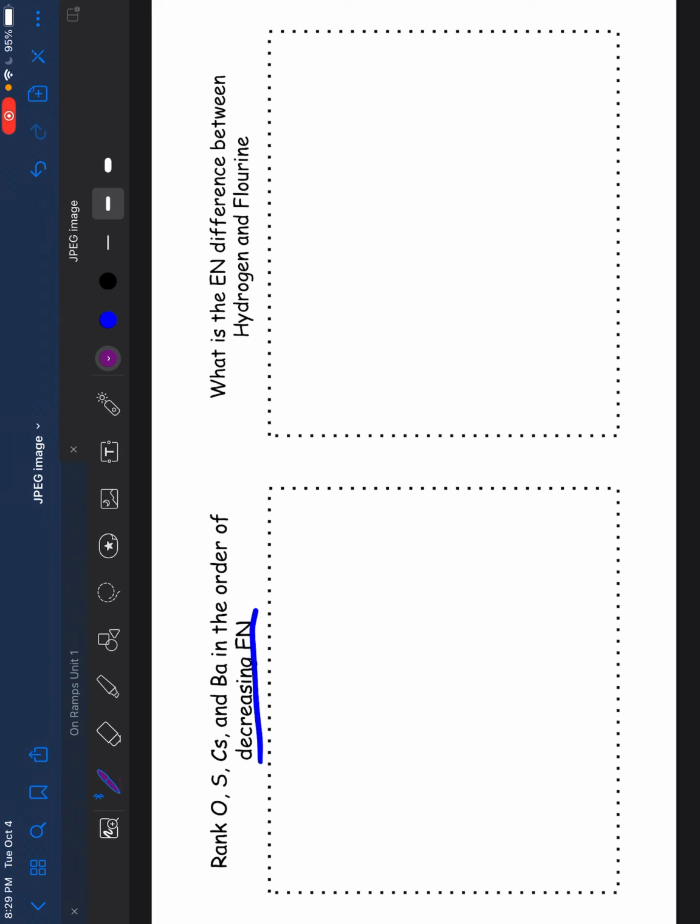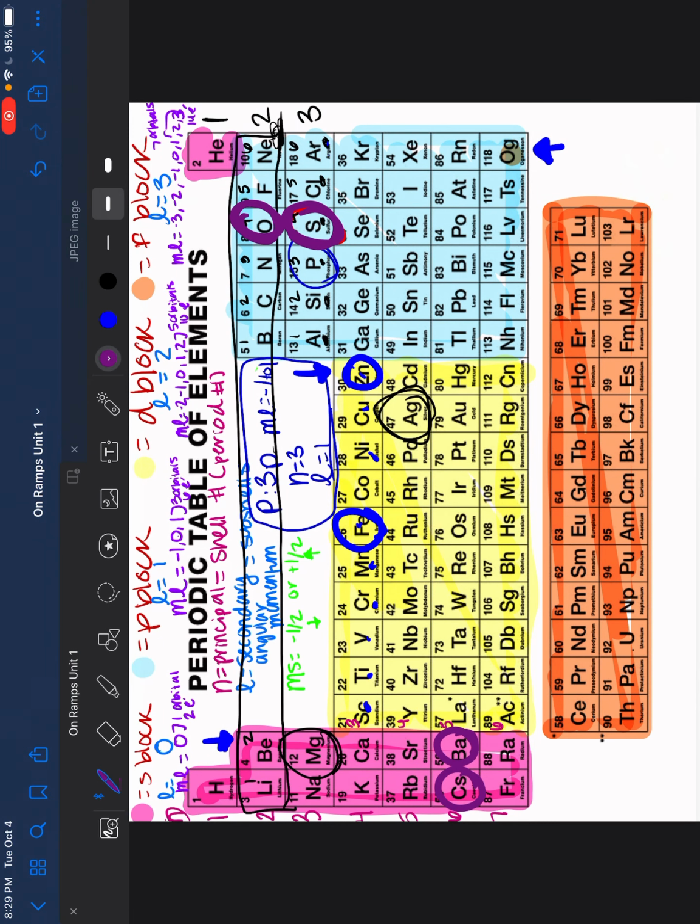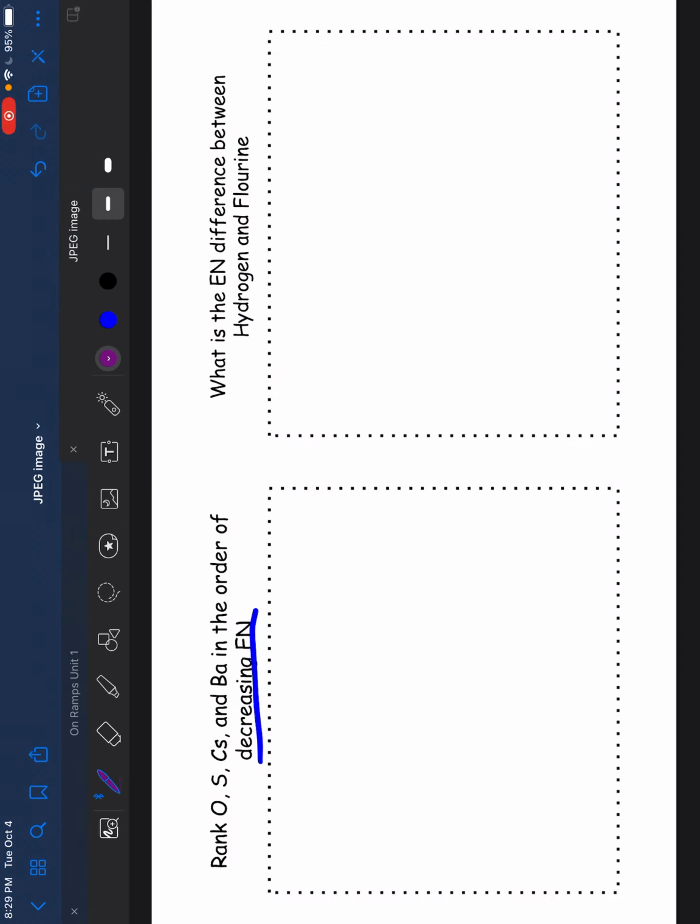So if electronegativity increases going this way, I want to do the opposite. I want to go from biggest to smallest. Biggest to smallest when I talk about decreasing.